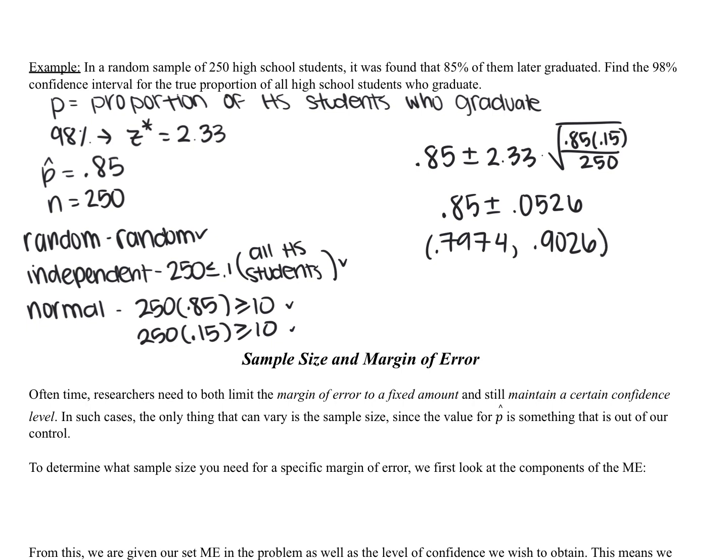If I wanted to use my calculator here, I would first have to figure out what 85% of 250 is. So I have to do 0.85 times 250, which is 212.5. And I'm not allowed to plug in a decimal for X for the calculator when I go to tests.